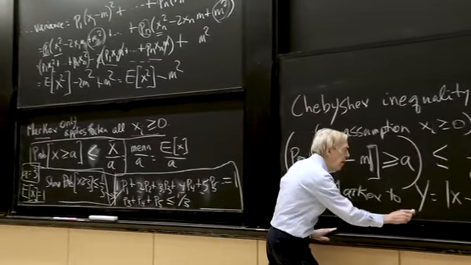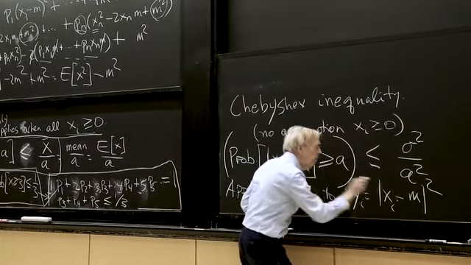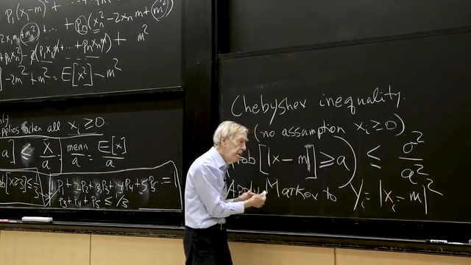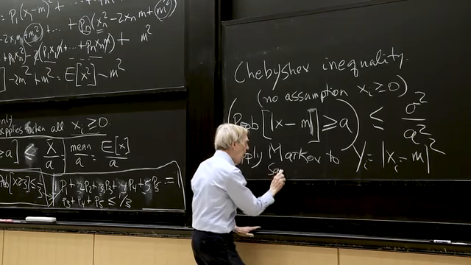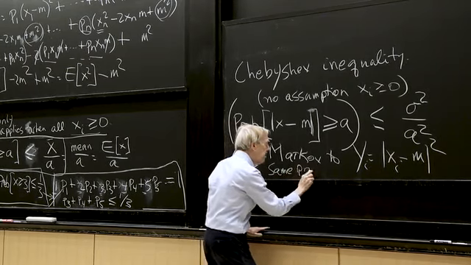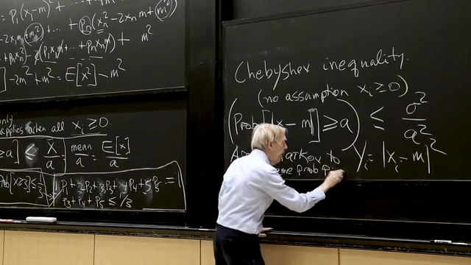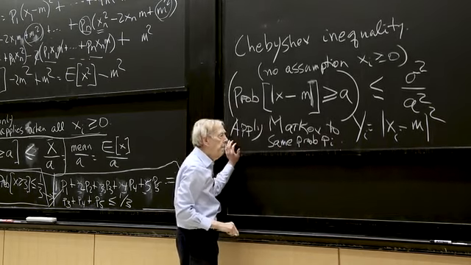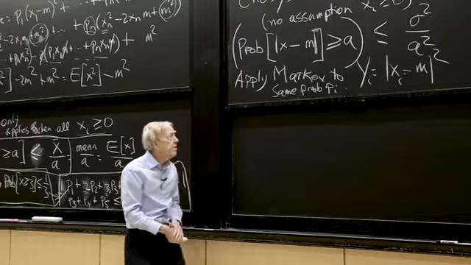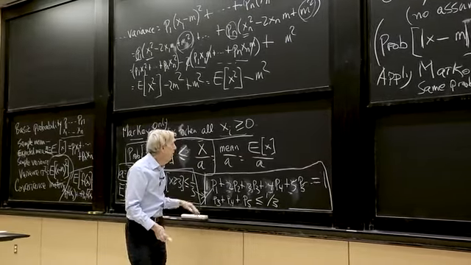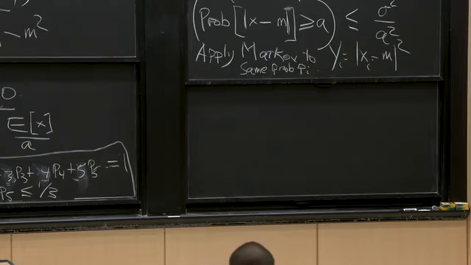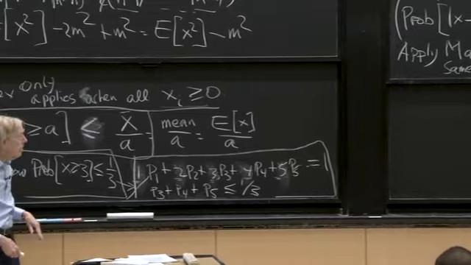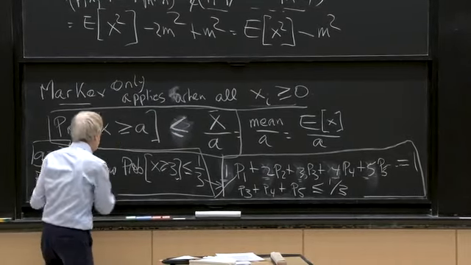So yi is xi minus m, the mean, squared, and the same probabilities, pi. Okay. So I'm just going to take the y's here instead of the x's here. And then apply Markov.